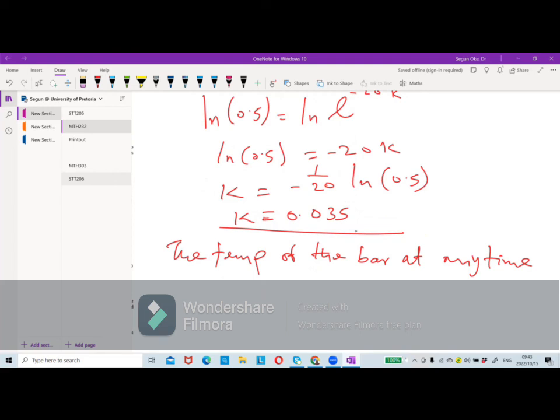Remember, K is a proportionality constant, it's not time. At any time t, T equals 100 exponential minus 0.035t. So this is equation 4.